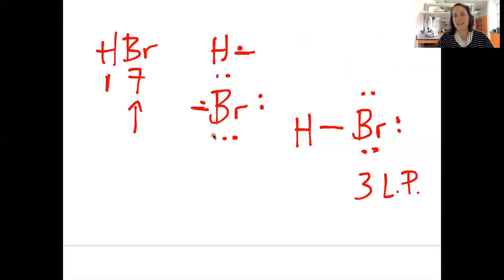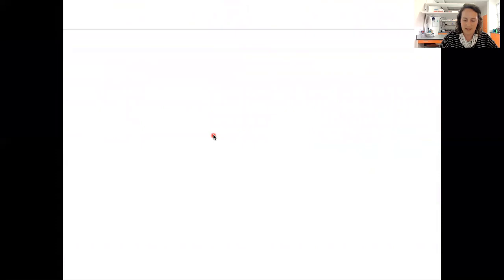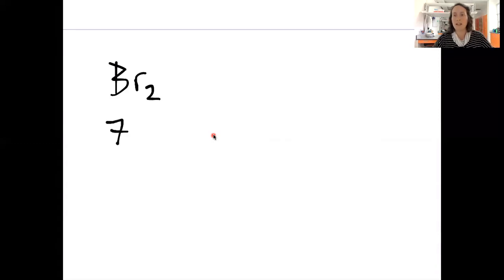All right, so let's look at the next example, which is Br2. Okay. We just, from the last example, know that bromine is in group 7. And we need to link up 2 bromine atoms together and create, like, what does that molecule look like? So bromine, remember, let's draw the valence electrons. It has 7 valence electrons.